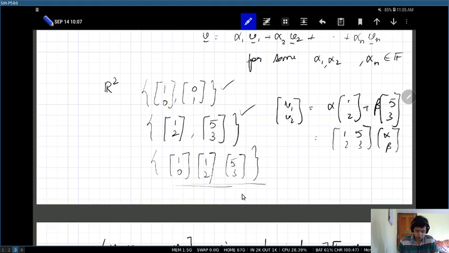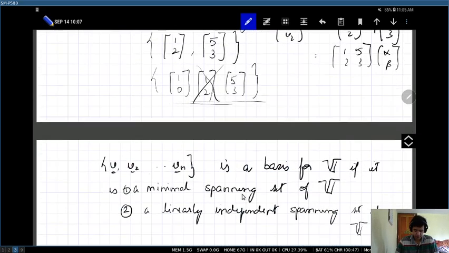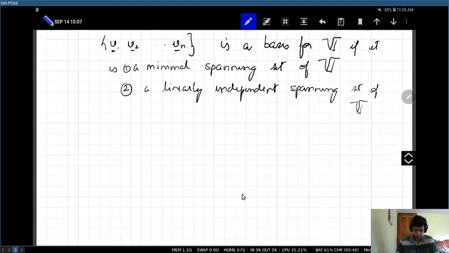But if I remove any of these vectors, then it becomes a basis for R2. For example, if I delete this vector, then the other two vectors put together give you a basis for R2. Also, these three vectors are not linearly independent. You can always write one of these vectors as a linear combination of the other two vectors, right?